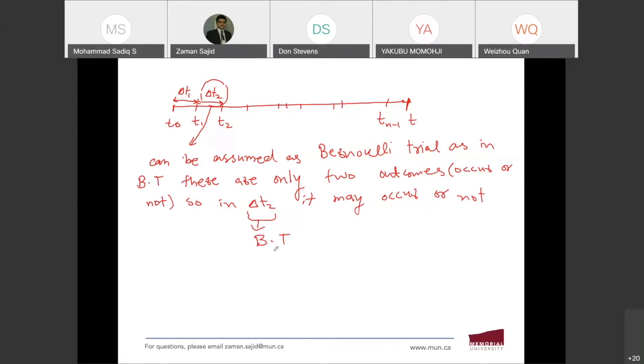Now, what is the reason that I'm doing all of this? Because there is a parameter in Poisson distribution that we need to introduce, which is called lambda.